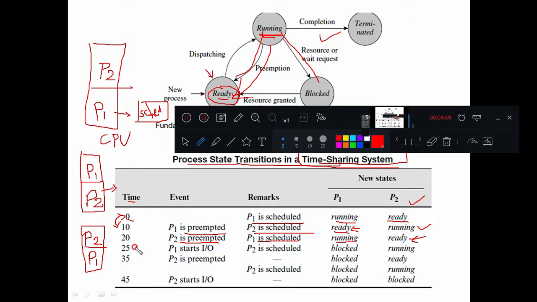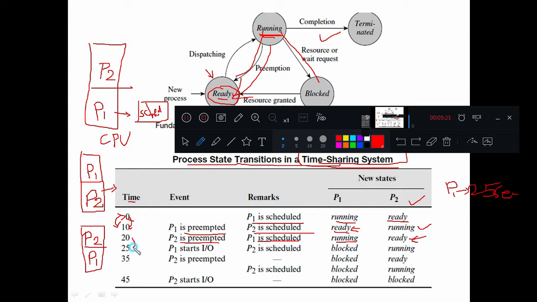Let us say P1 is executing. For P1 the execution time is 25 seconds, so P1 requires 25 seconds for its execution. The first time it is allocated for 10 seconds.